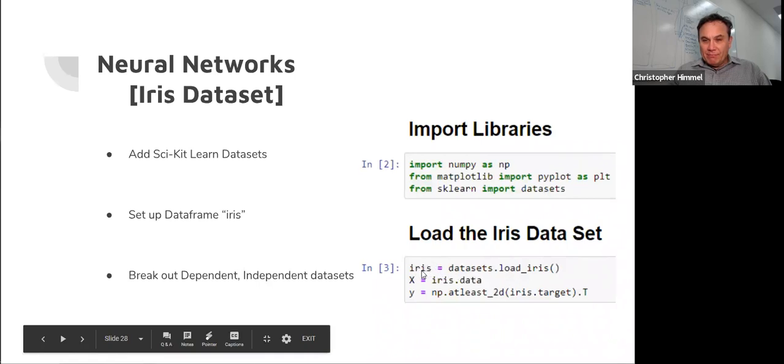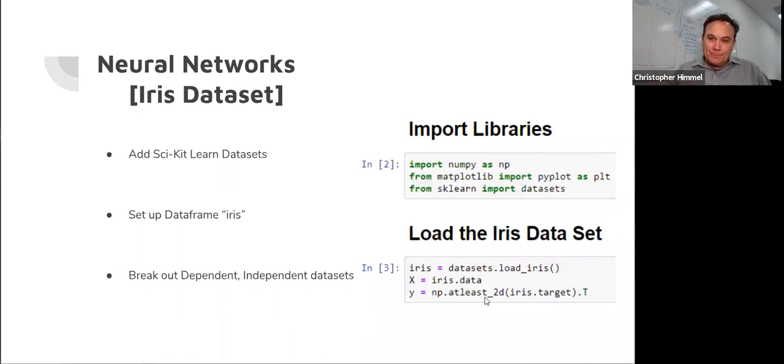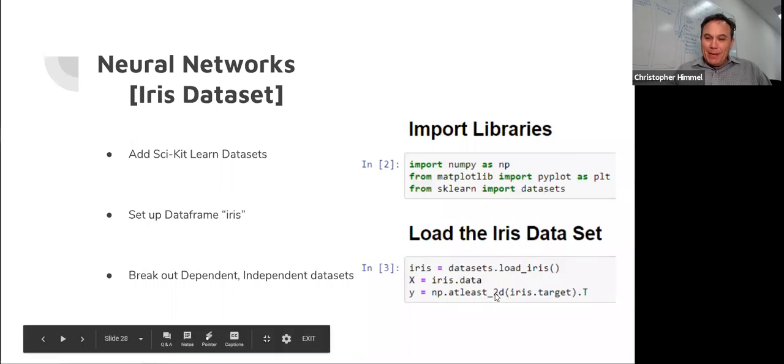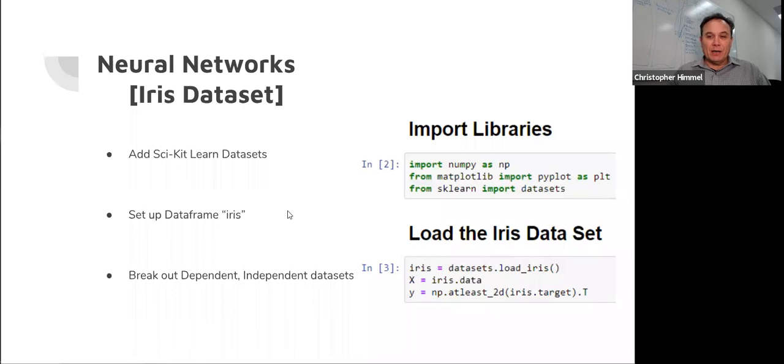It's just iris equals datasets.load_iris, and then we're going to set x to iris.data and y to this. I know this is ugly. It's basically iris.target, but we're making it a two-dimensional matrix, and then transposing it, so that it fits into our model.